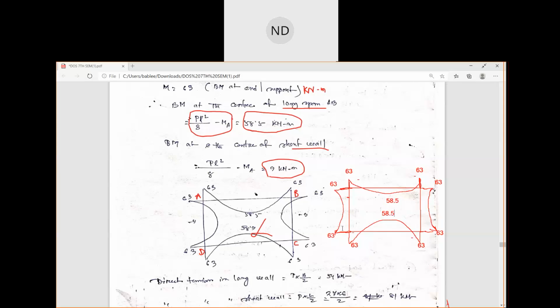Here it is 9, here also it is 9. So this is your moment diagram. We have got the support moment 63, 63 minus. I can write here in a different color.